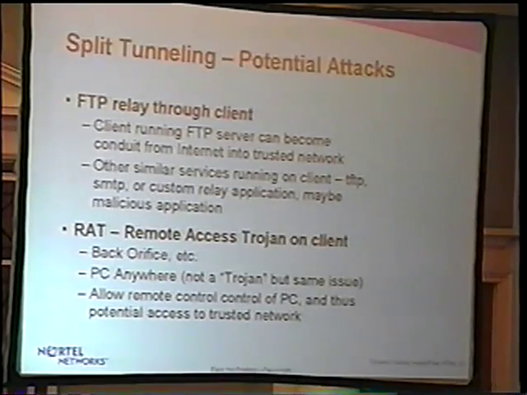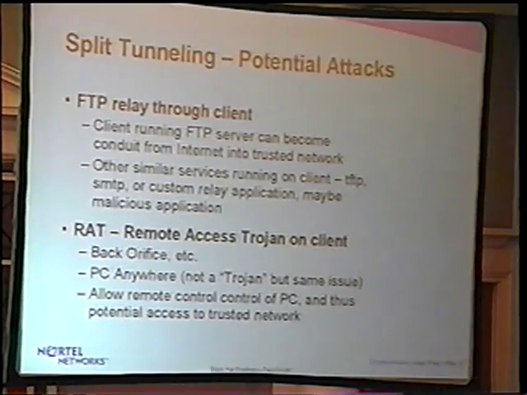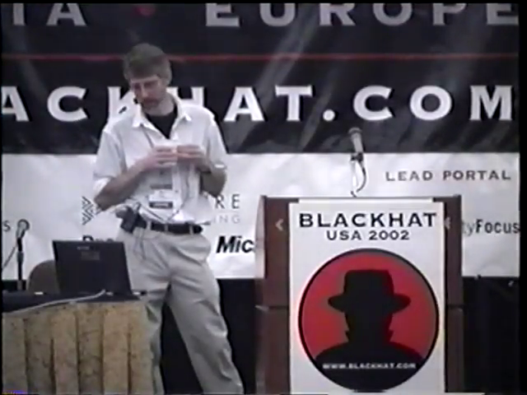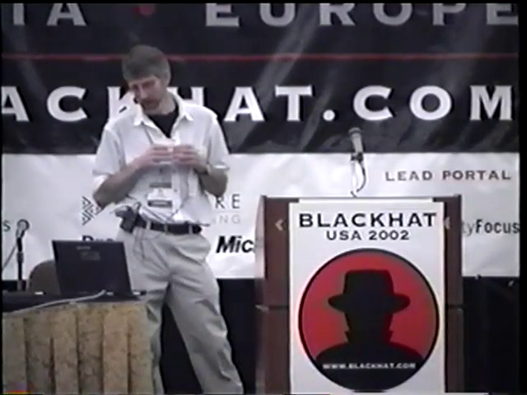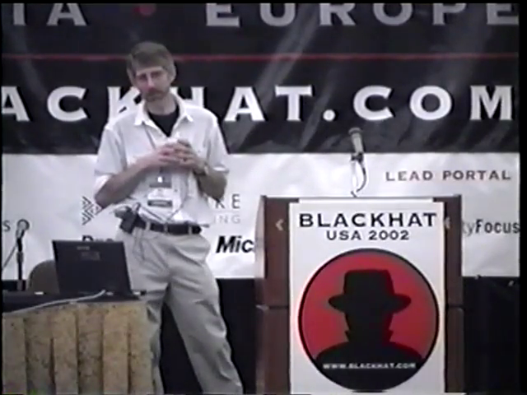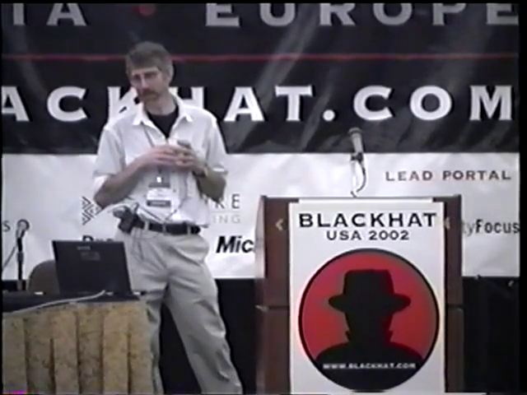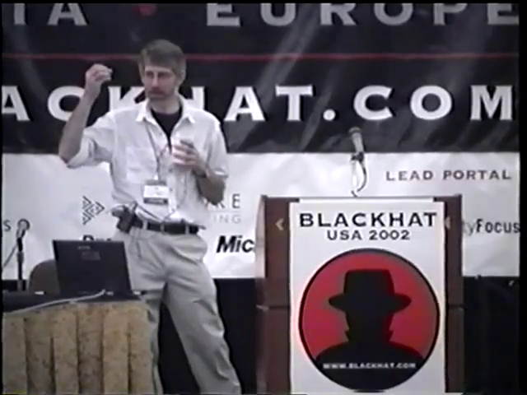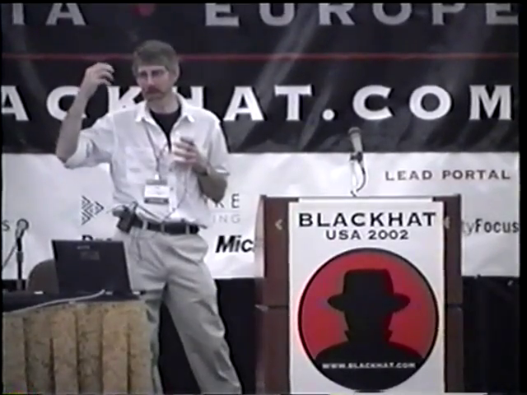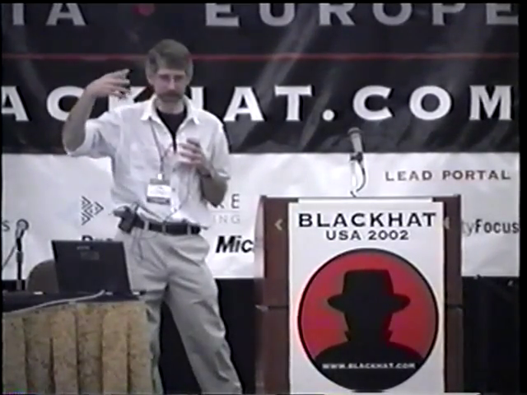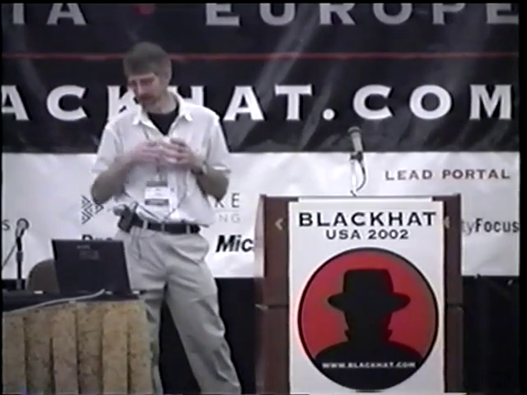FTP relay is one that popped up immediately, but you could have SMTP or some custom designed application that could have the same effect. A remote access Trojan or some kind of remote control of the client PC also might be a possibility if you allow traffic from that client to the internet at the same time that it's talking to the trusted network.